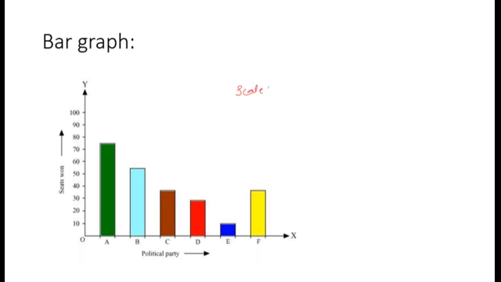So the scale you can see on the y-axis. I have used 1 unit equal to 10 seats as per the given example. It is one of the questions of your exercise, so I think you remember it properly. 1 unit equals 10 seats, and using this we will present our bar graphs.